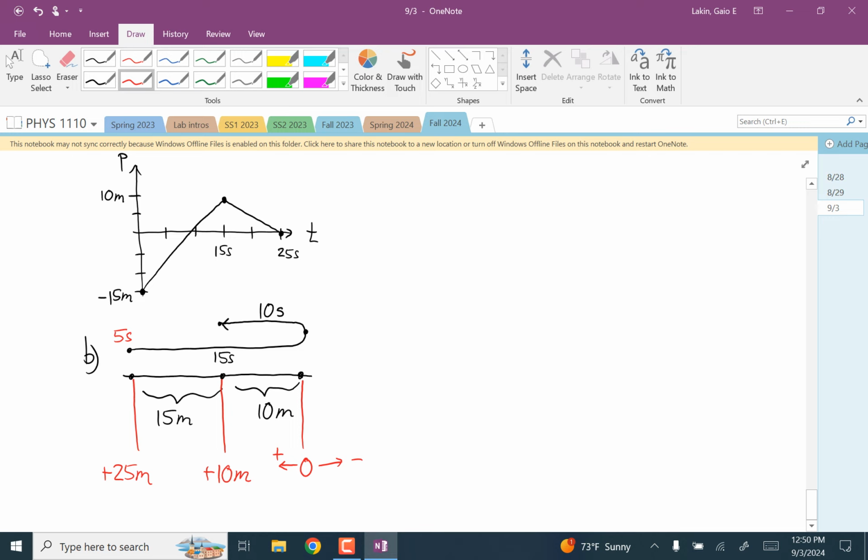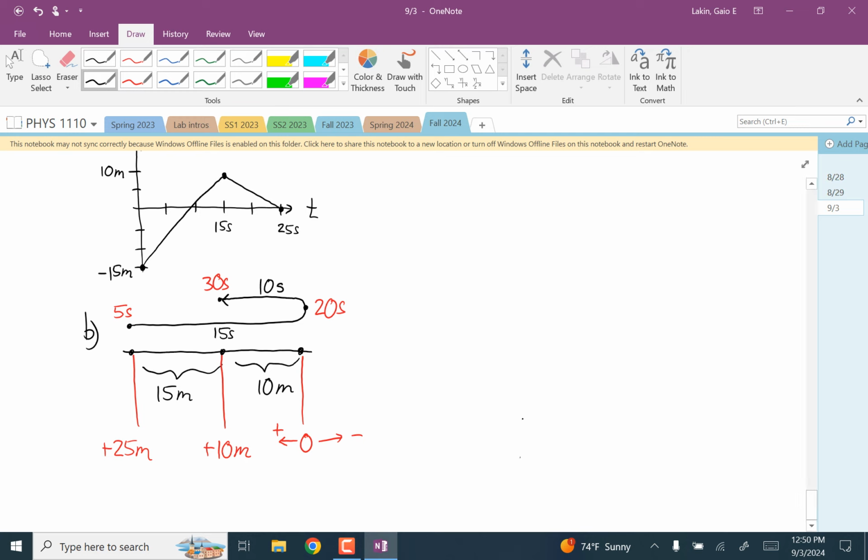So now we're at 5 seconds when the motion starts, and 15 more seconds go by. What does the stopwatch say at this point? 20 seconds, yep. And then 10 more seconds go by. What does it say at this instant? 30. Perfect.